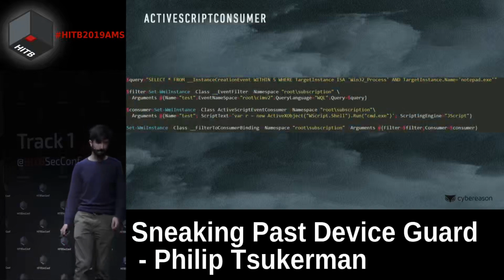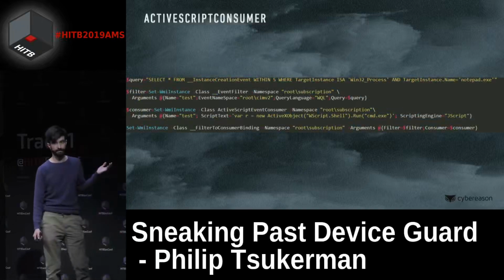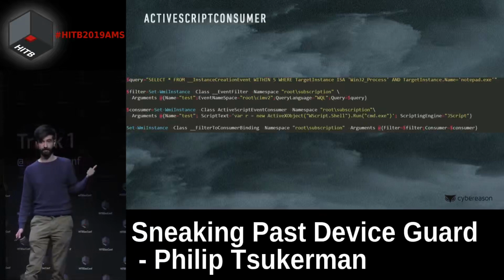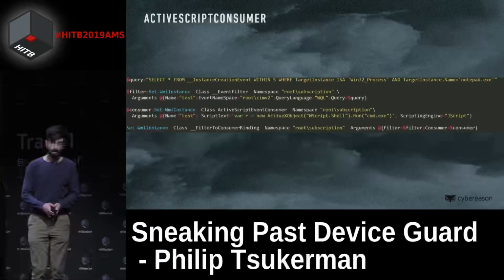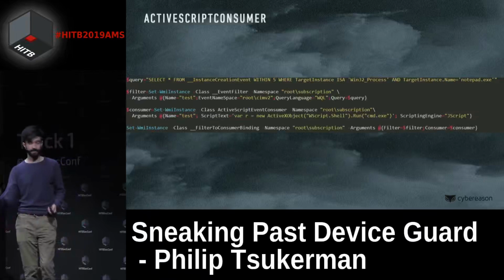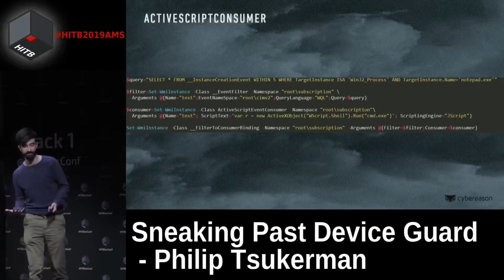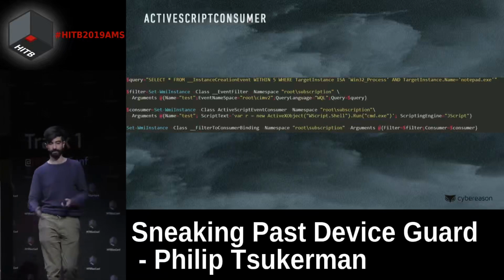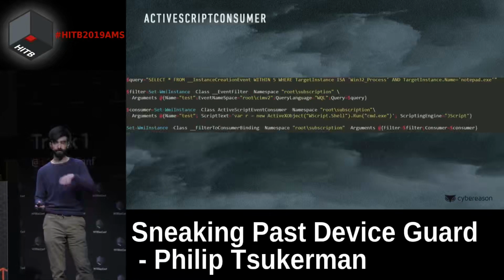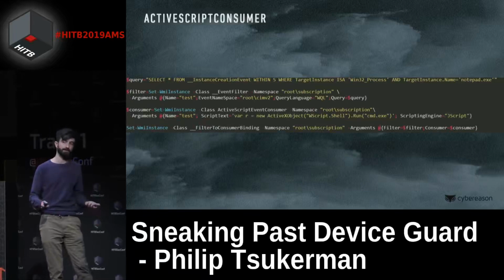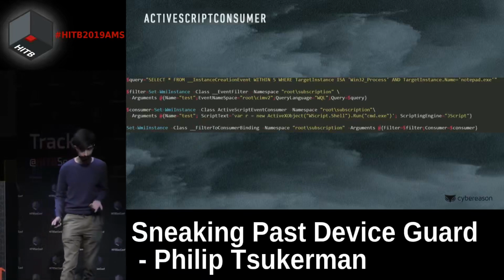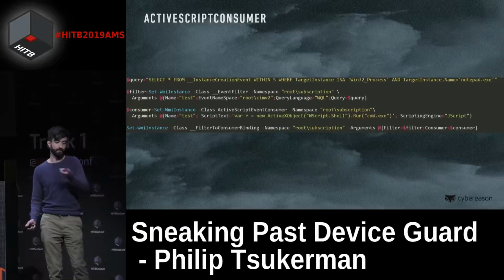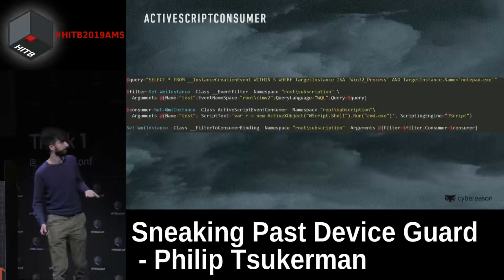Anyway, this is how you implement it. If you've ever seen the implementation of WMI persistence, this looks exactly the same. There are no other steps. Basically, what you need to do is create an instance of the ActiveScript consumer class, give it the script text that you want it to run, and then bind it to some kind of event that's described by a WQL query, which is this SQL-like syntax.